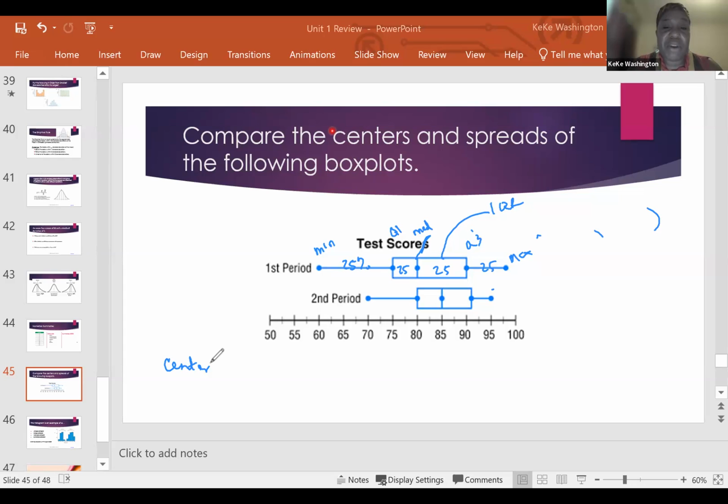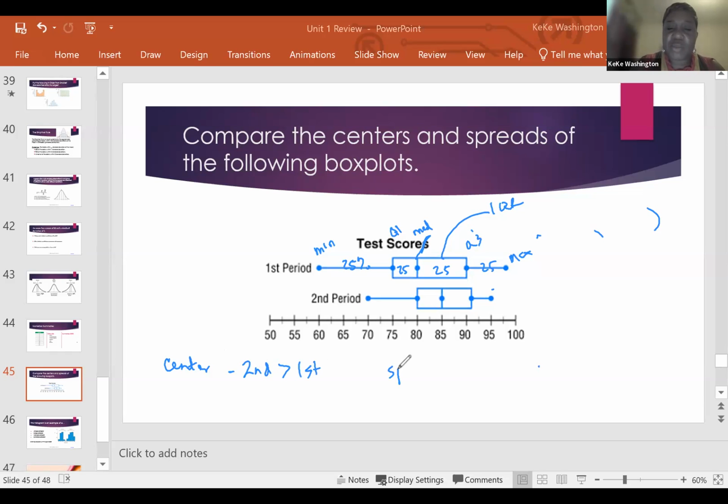Okay, because second period's at 85, let's say these are test scores. So therefore, typically second period scored higher than first period. Because again, remember, typical is my center, the typical value. My typical value is represented by the median in this case because that's all I have. So typically second period is greater than first.